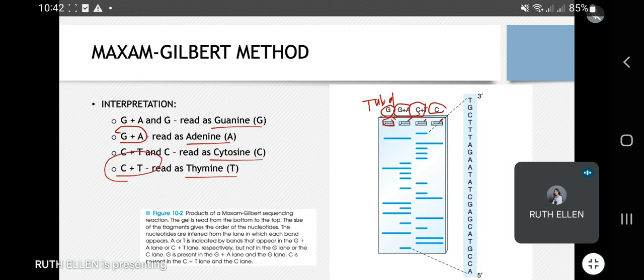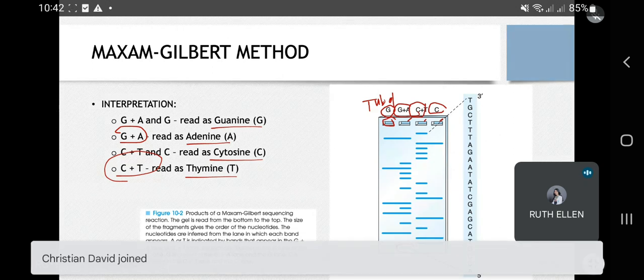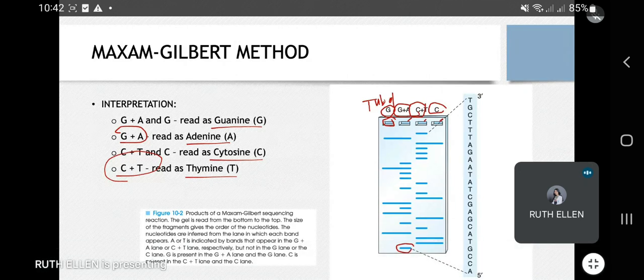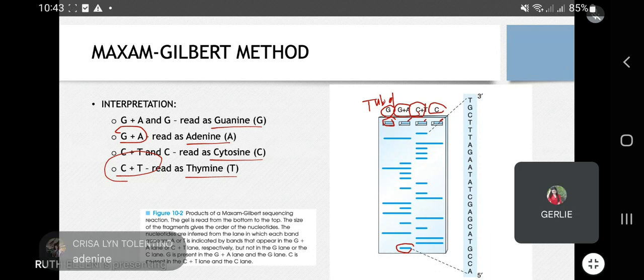Example, for example, meron tayong band present in guanine and adenine. Okay? So may band present in guanine and adenine. Ano yung nucleotide present natin? Adenine po.